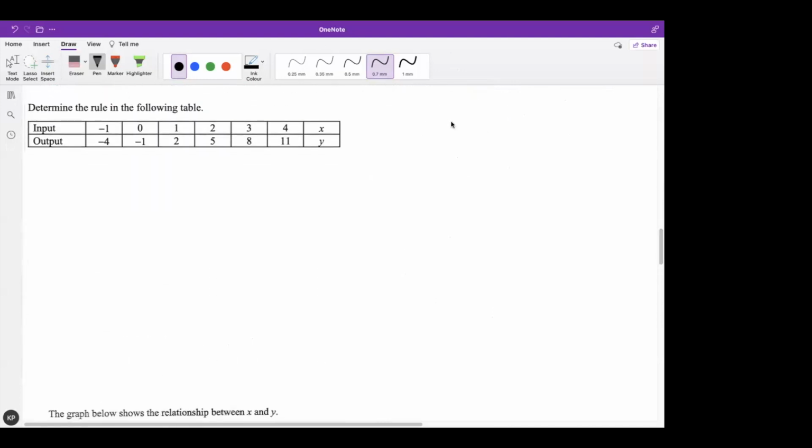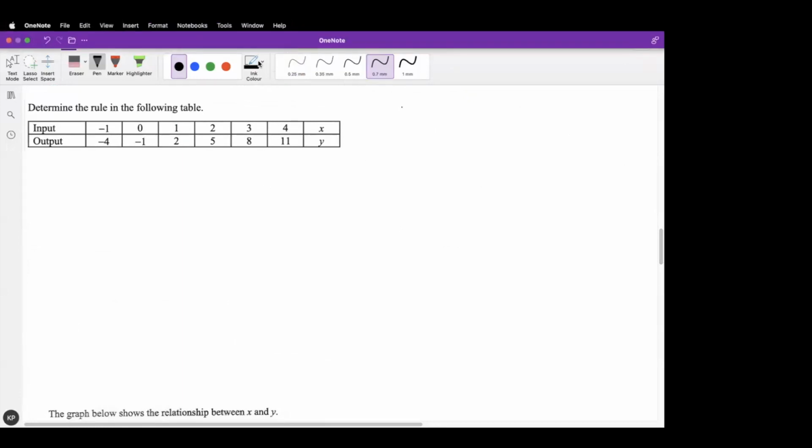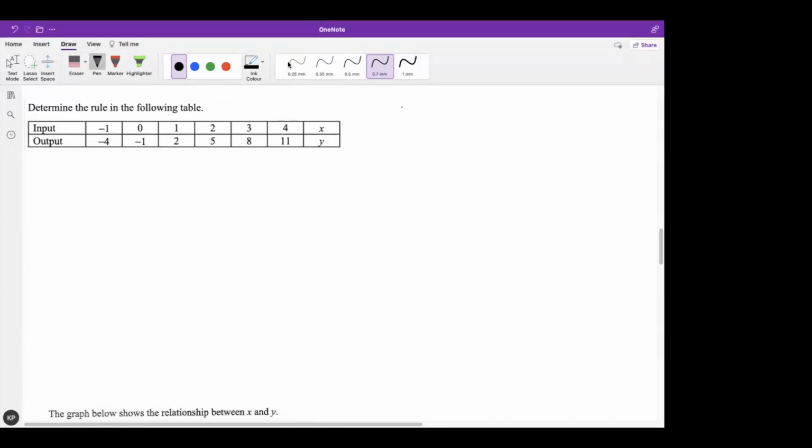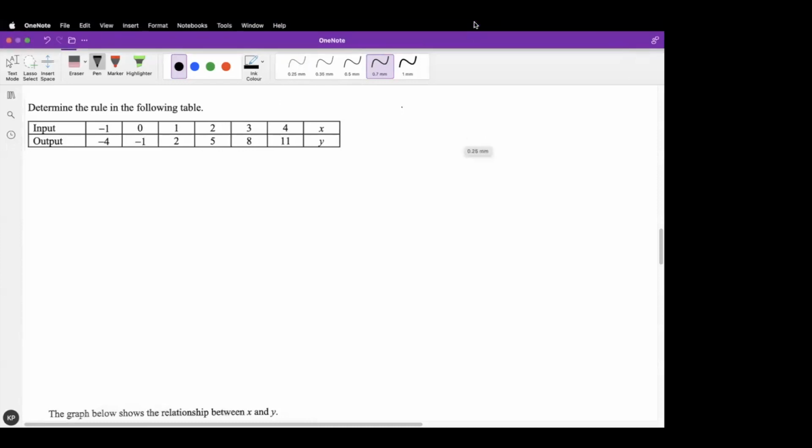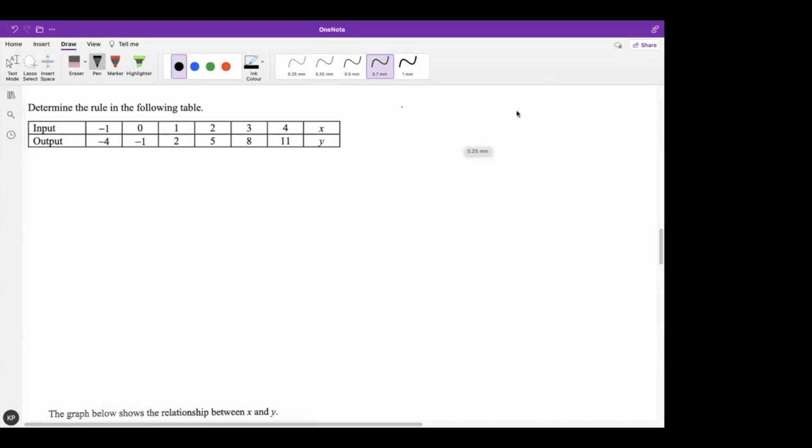We are determining the rule in the table. This time we've been given both the inputs and the outputs, and they're asking us which rule was used to determine the values in this table, right? Now let's check. Chichi says TN. Does anyone else have an idea? Should I give you a hint?